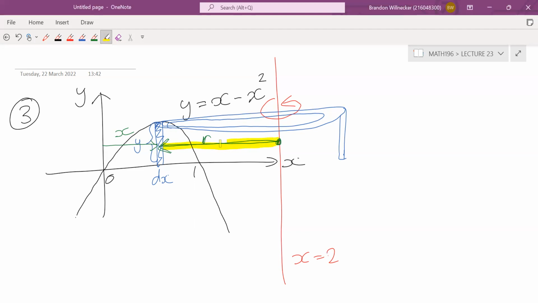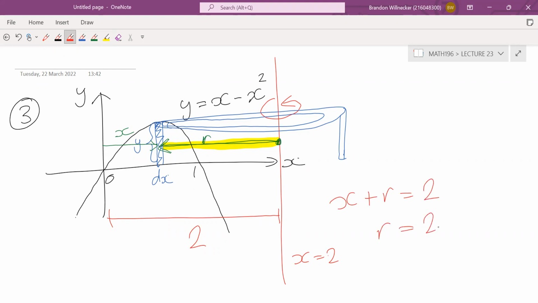So this is the radius. Okay, so how do we solve for the radius if we only know that the other distance there is x? Well, that's not too bad, because we know that this total distance here is 2. So x plus r is equal to 2. r is equal to 2 minus x.